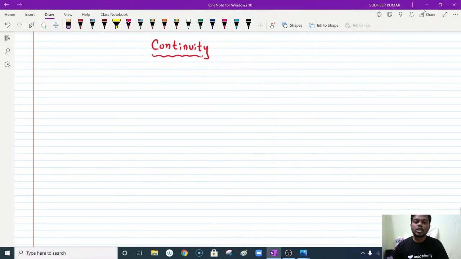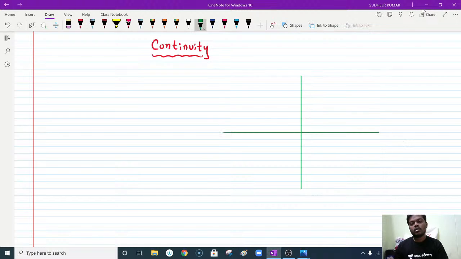So let us take the graph. It is easy to understand. If you draw the graph of a function, continuity means there is no break in general, right? So let it be considered as x-axis. This is considered as y-axis.